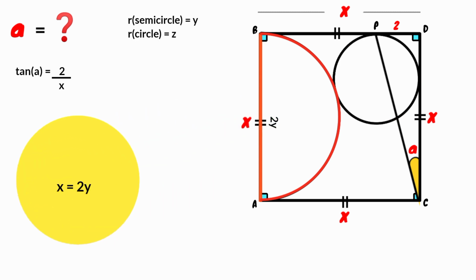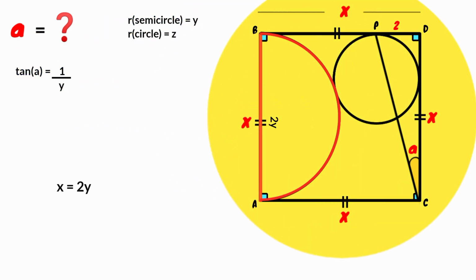Therefore, x equal to 2y. Substitute it here. So tan A equal to 2 over 2y. 2 eliminate 2. So tan A equal to 1 over y. Come here. Replace the x's each with 2y.